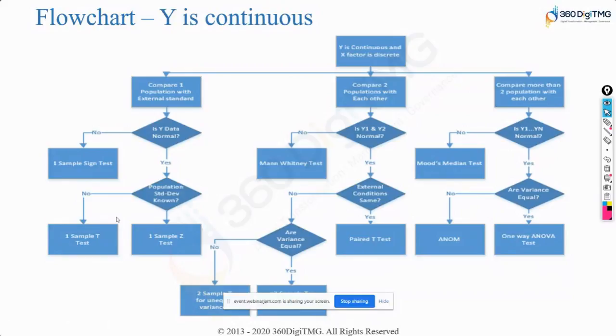That is the very important thing. So these flowcharts that you're seeing basically will give you an idea on what are the tests that you have to perform. Now this particular flowchart on the screen deals with a condition where the value that you're estimating is continuous in nature.